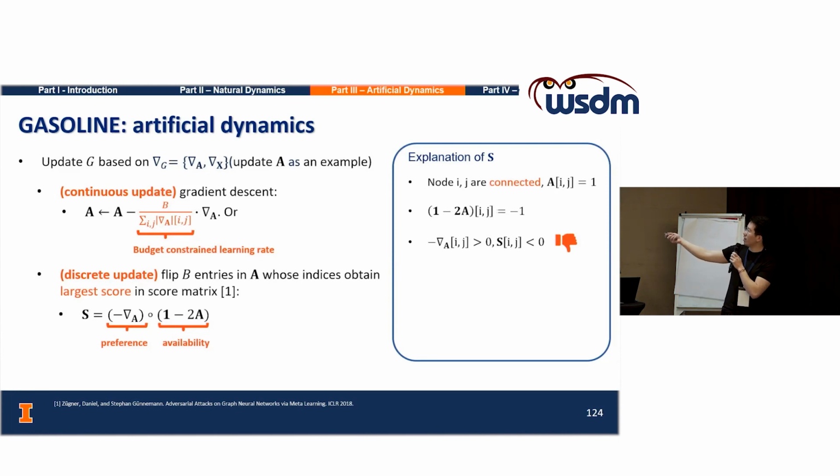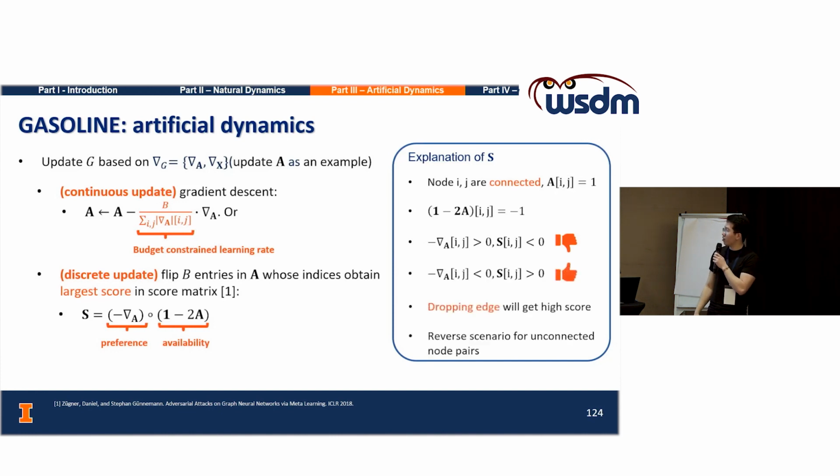So finally, the score matrix will show that the corresponding ij entry is negative, and that means this operation is not encouraged. And if our framework computes that the negative hypergradient is less than 0, then in these settings, where node I and J are connected, the score matrix will show a positive result, which means that deleting links between node I and node J is encouraged.